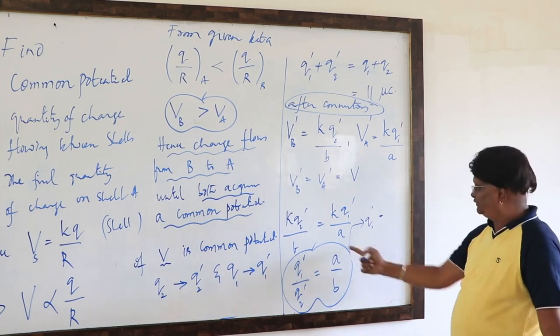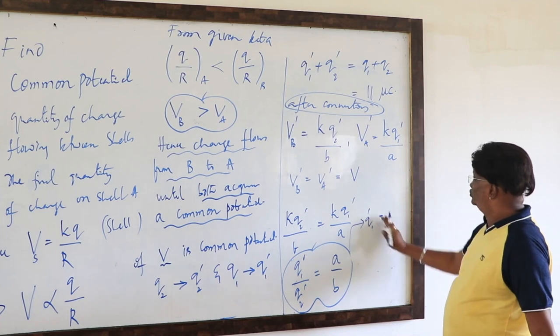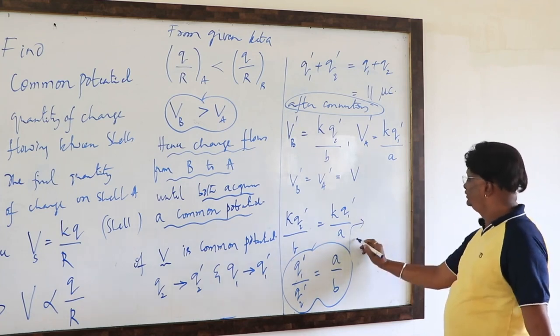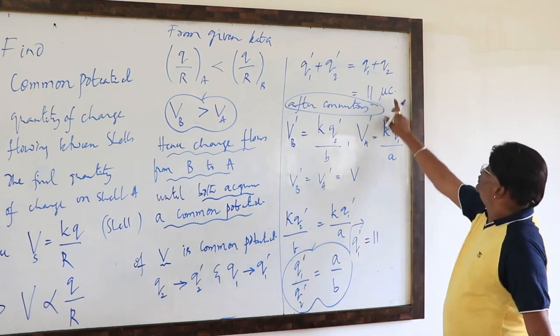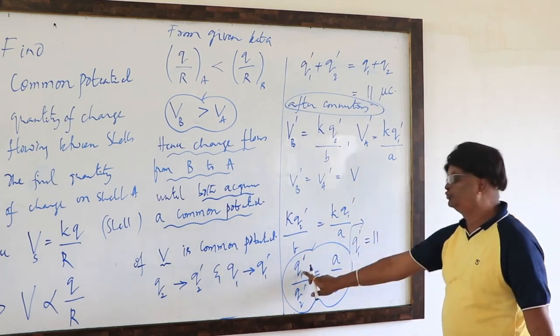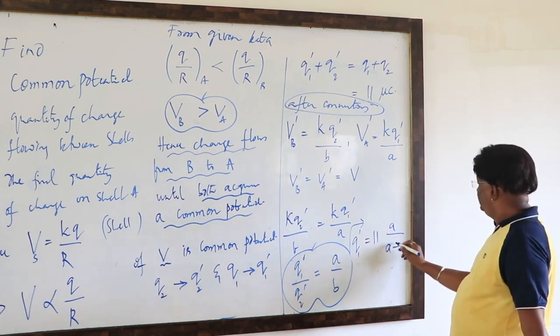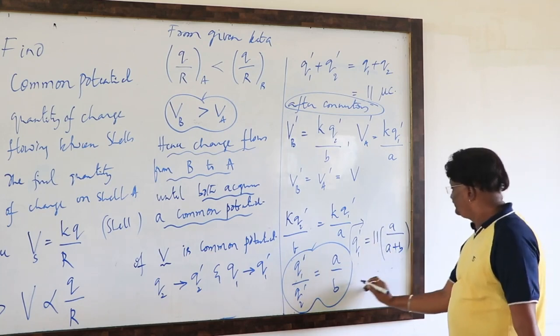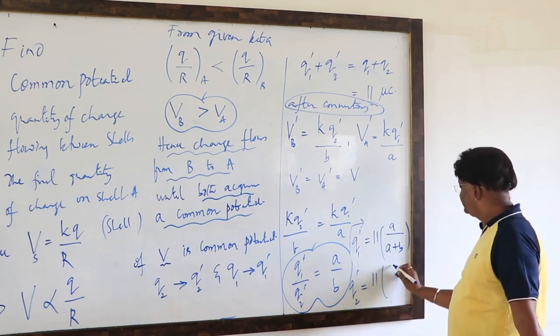What is the total parts? A plus B. Therefore what is Q1 dash? Total is 11 microcoulombs. Q1 dash is 11 times A by A plus B. And similarly, what is Q2 dash? Q2 dash is equal to 11 times B by A plus B.